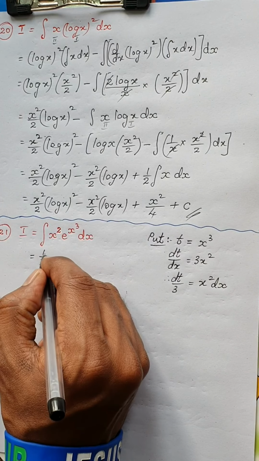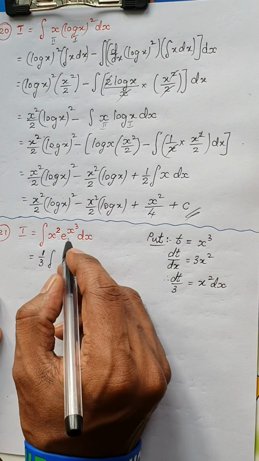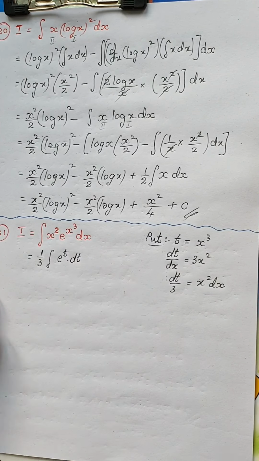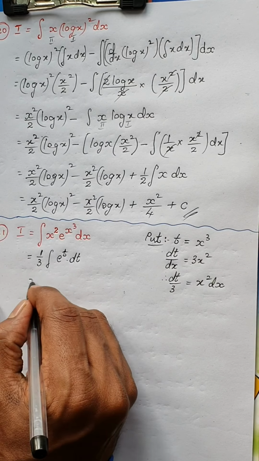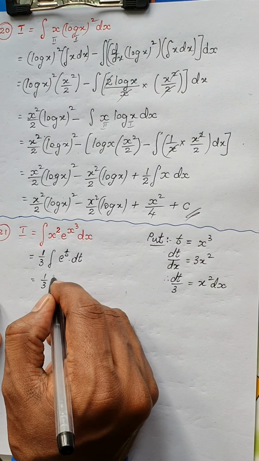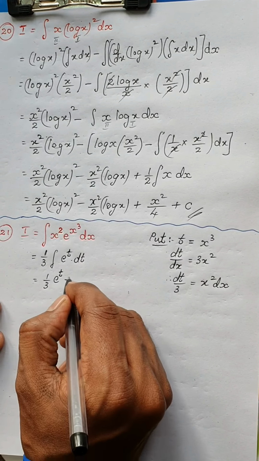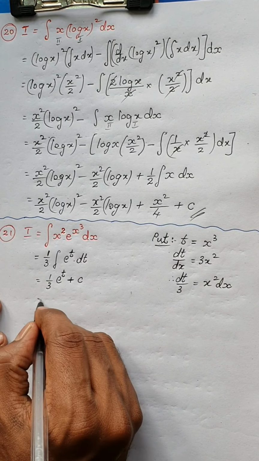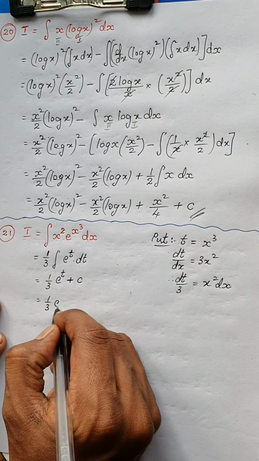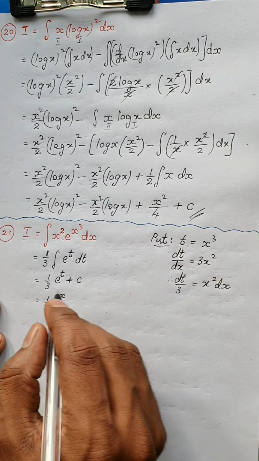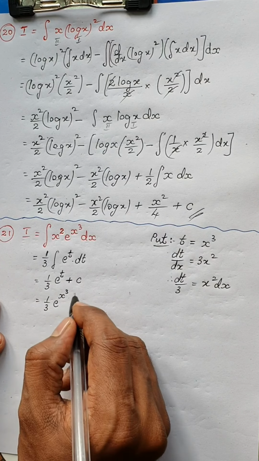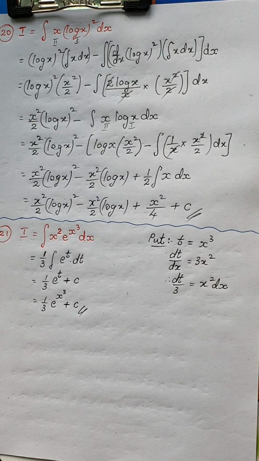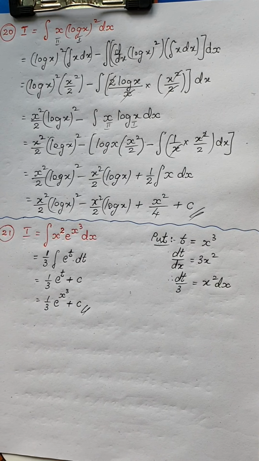I will write 1 by 3 as a constant outside, integral of e power t dt. That is nothing but 1 by 3 into integral of e power t, which is e power t itself plus c, the constant of integration. So the final answer would be 1 by 3 into e power x cube plus c, the constant of integration, and that will give you the solution for this question.